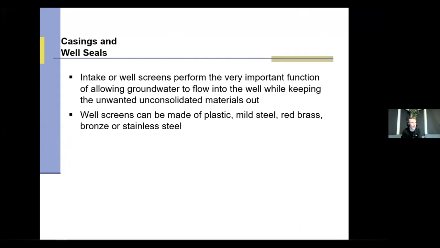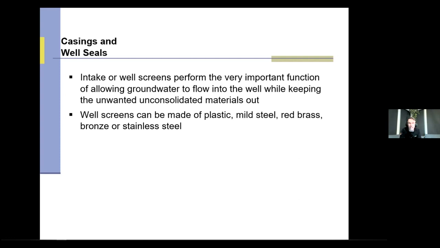Great. All right, so let's talk about some of the wells. I see a lot of you are on surface water, so this will be a departure from what you're used to. Especially here in Canada, groundwater is used.